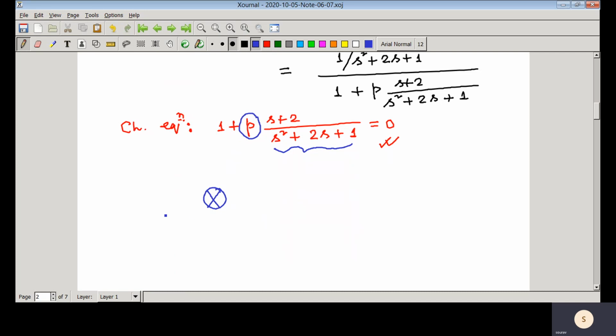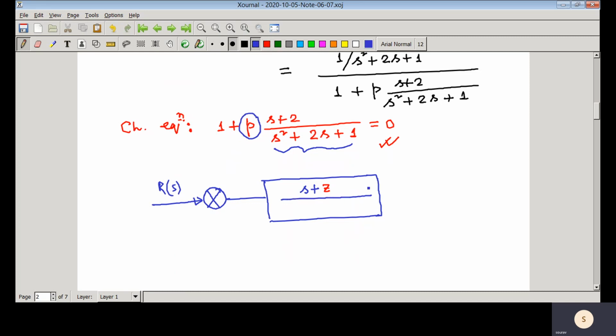Now see the other situation, where we have a closed loop control system in which a zero is varying. Suppose the forward path transfer function is this, and here we have a zero which is varying, because the location of that zero is not explicitly known to us.